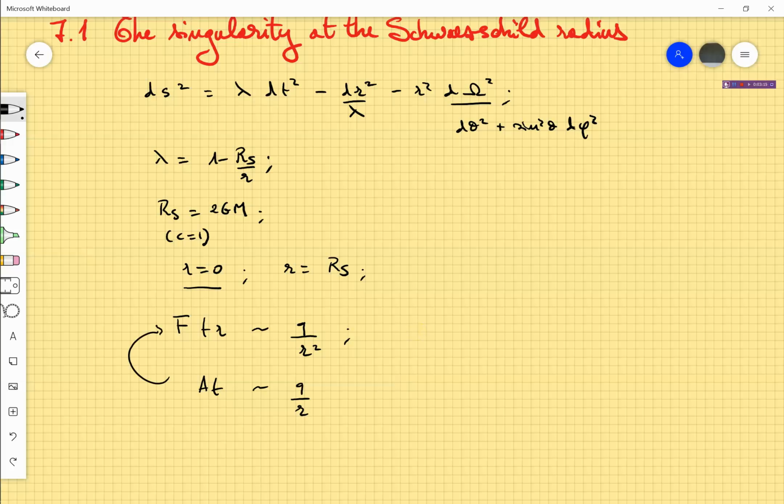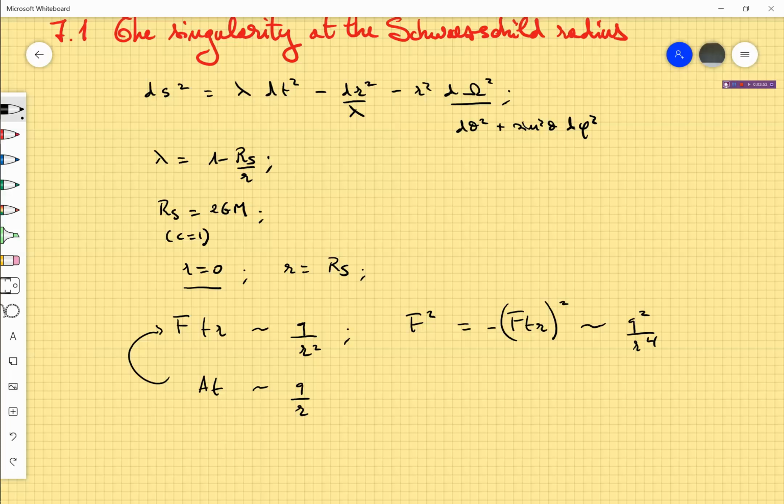The only thing that remains to be seen is if this was some kind of coordinate effect. In order to see if the singularity is or not a coordinate effect, you compute things which are coordinate independent, like invariants. For instance, F squared, which, we are working in Minkowski spacetime, will be minus F_tr squared, which is something of this kind.